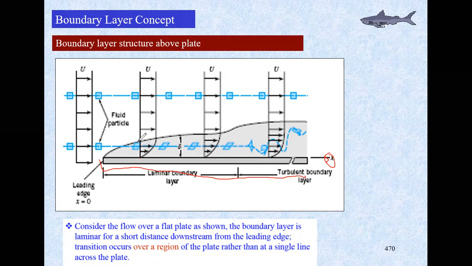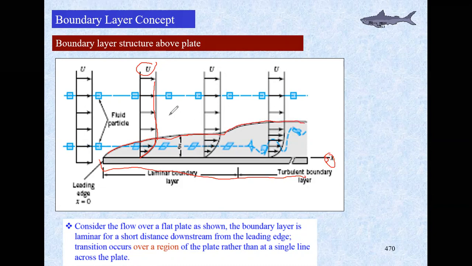There is a certain boundary within which you still have this velocity distribution. Above that boundary, you can assume the velocity is the same as the free stream velocity. And that is the boundary layer.